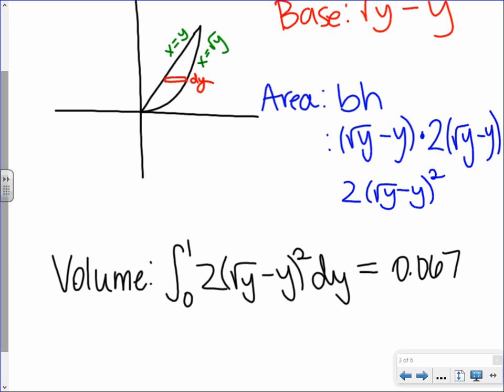That seems very small, doesn't it? However, it should be small. It should be small, right? Think about how thin that region is, right? So those rectangles are going to be pretty small, right? And that was an irrational number to answer correct, right?